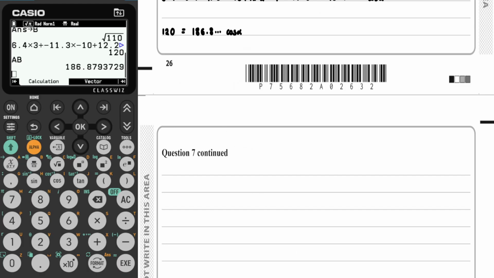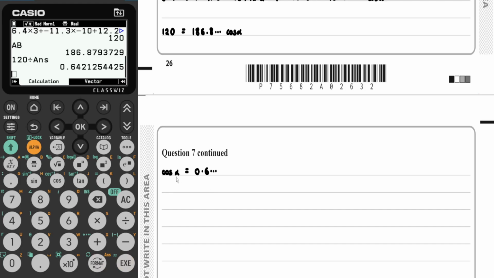And so if I do 120 divided by this value here, cos alpha is equal to 0.6, etc.